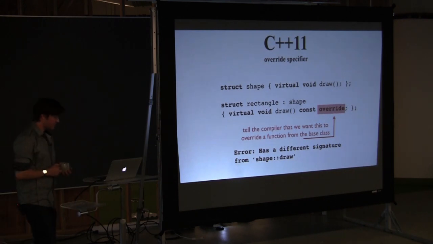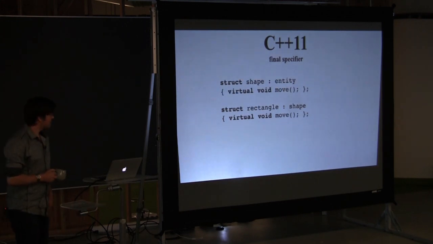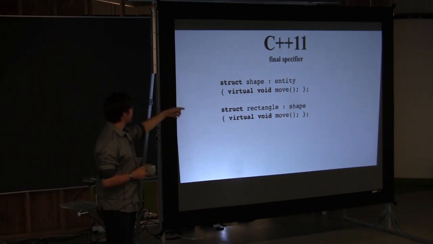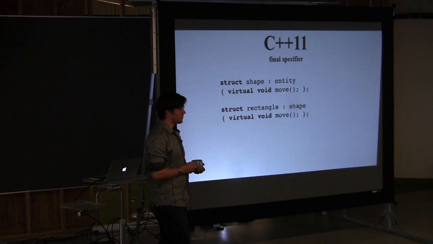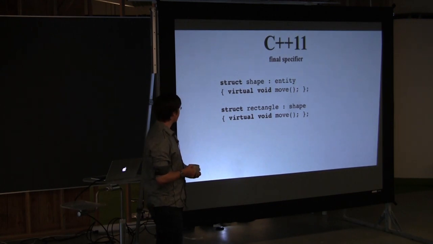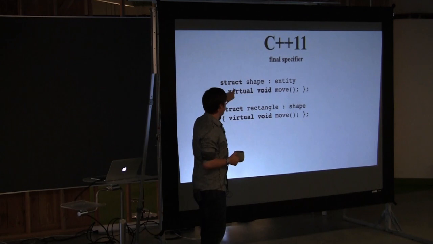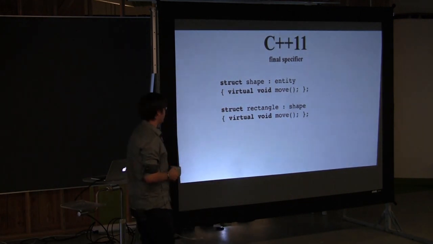So what's the obvious counterpart to this new keyword? Let's take another example. Let's say that shape derives from entity, and entity has a virtual member function called move, and you want to make sure that all of the shapes use this move and never override it.